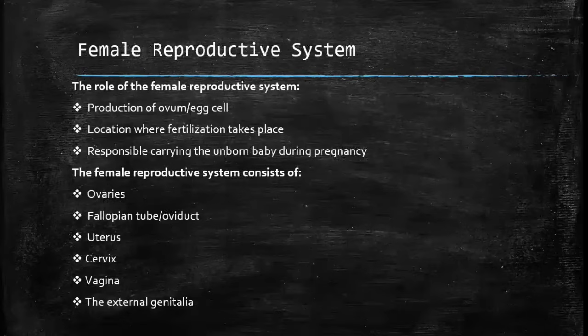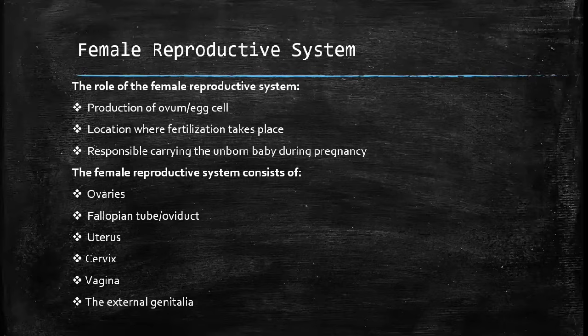It is the location where fertilization takes place. For fertilization to take place, it must be in a particular environment, and that's in the woman's reproductive system. It is also responsible for carrying the unborn baby during pregnancy. For a child to grow properly, the child needs the female reproductive system.